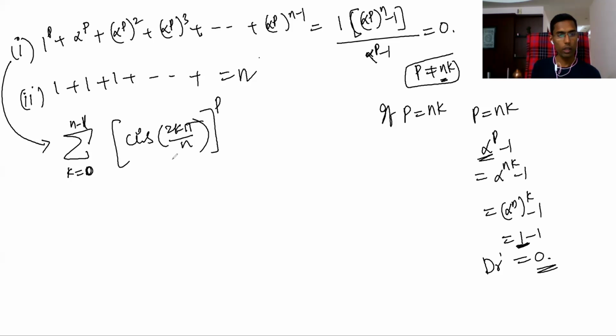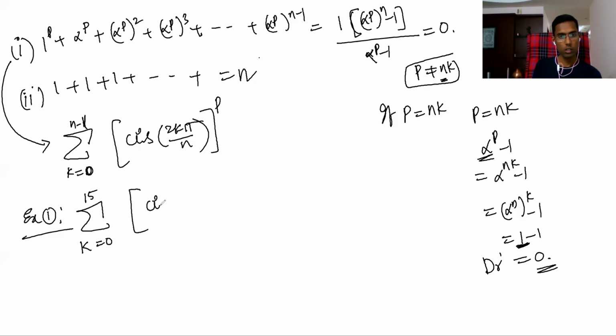Let's take an example: the summation k equal to 0 to 15 of cis of 2k pi by n.